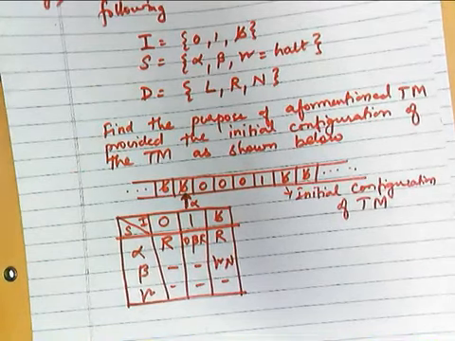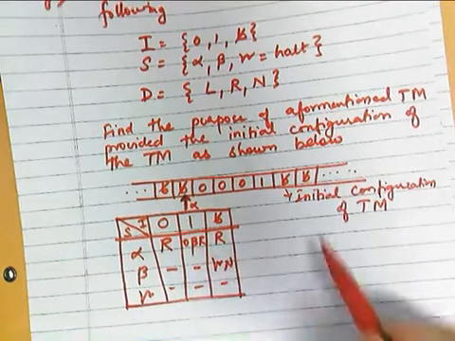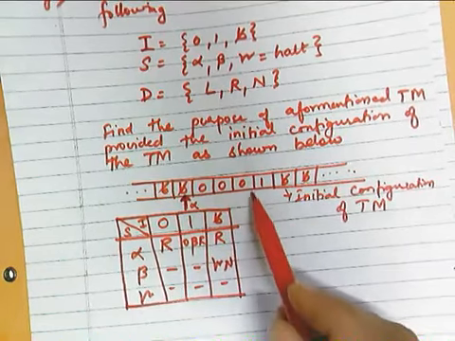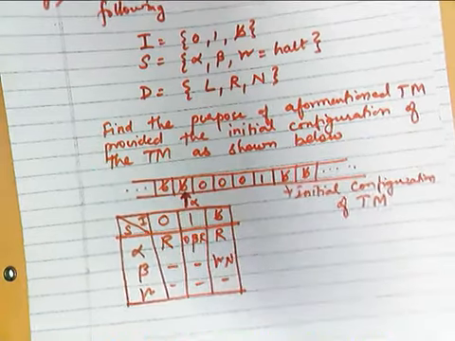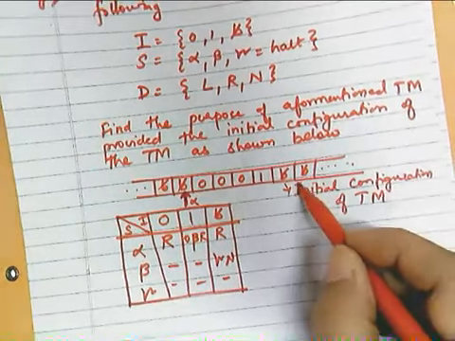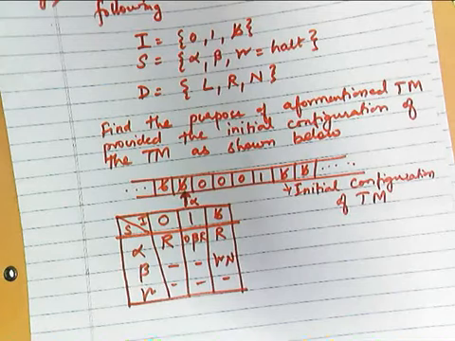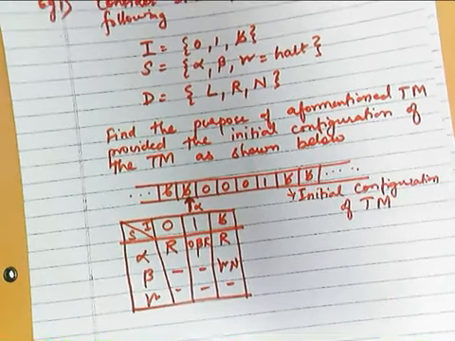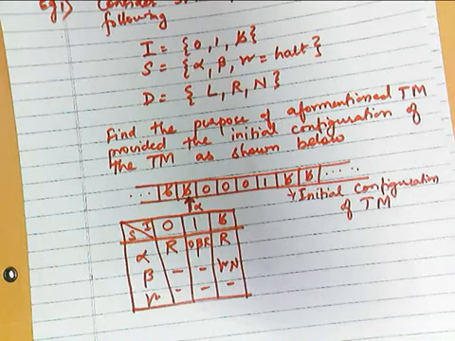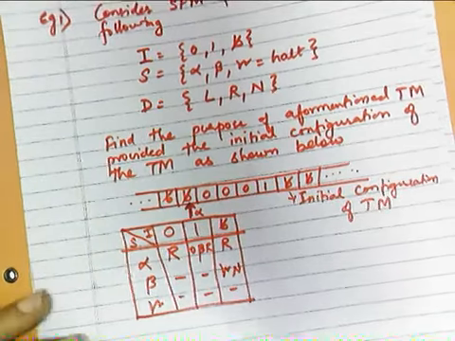So this whole thing represents the initial configuration of the TM. Now we want to know the purpose of this machine. How do we find out the purpose? We need to simulate this machine first.